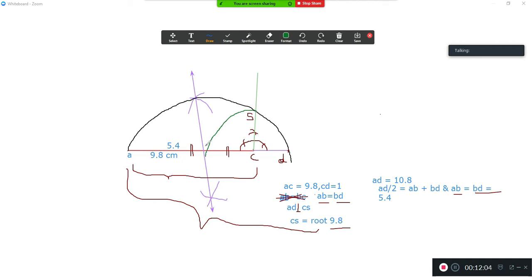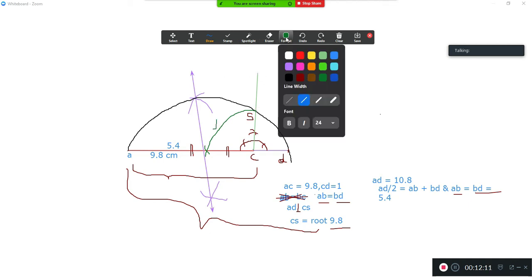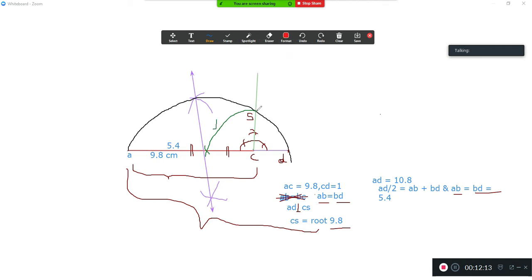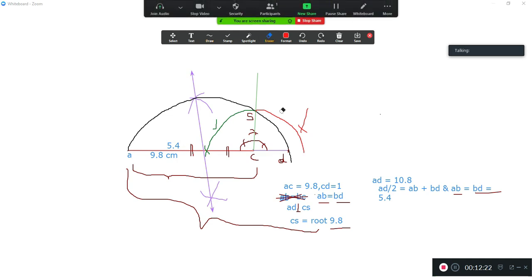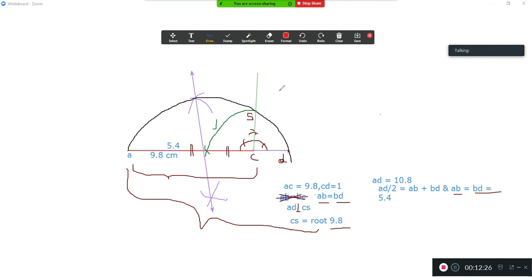If we make it this way, then this one is the actual one, and if we consider this other part, then it is wrong. So we must consider the right part. Here we need to take the length of CS with the compass and make an arc inwards.